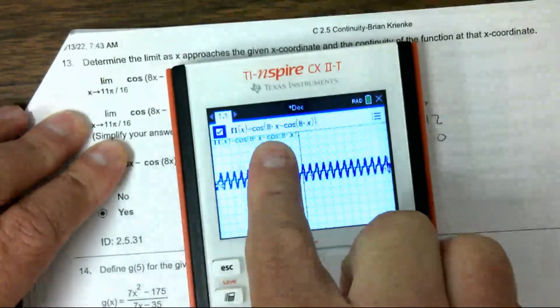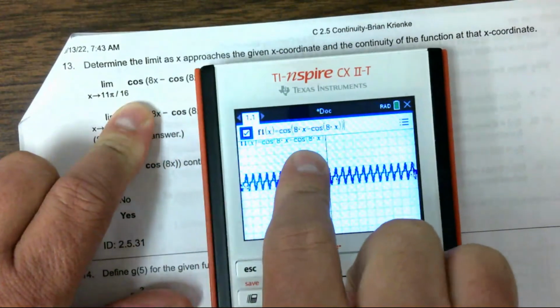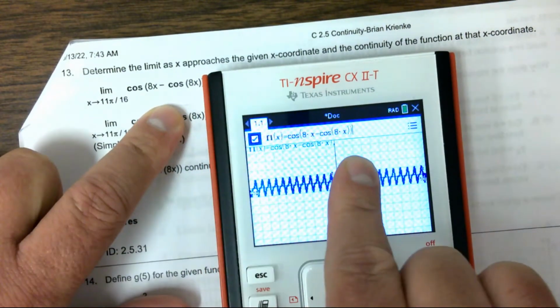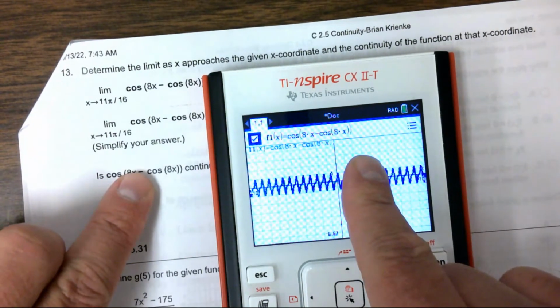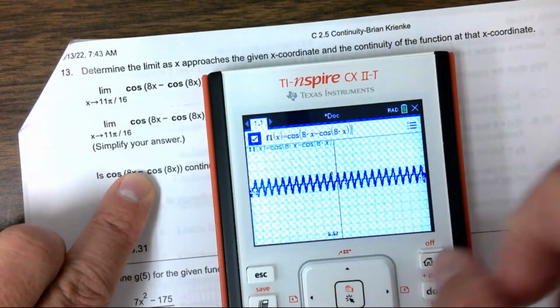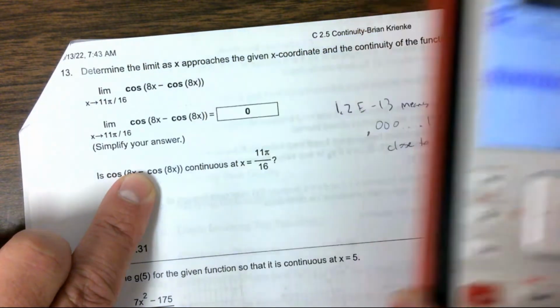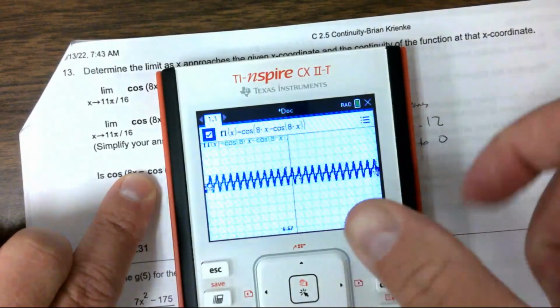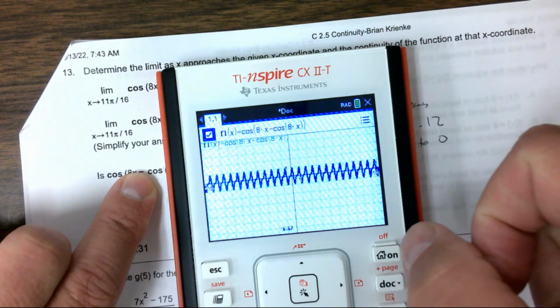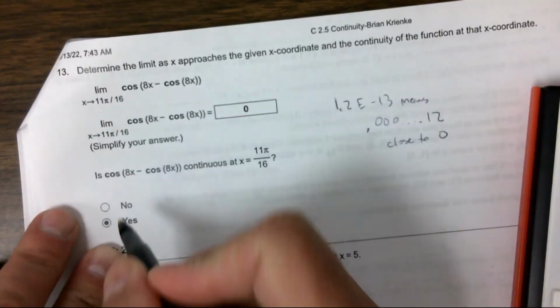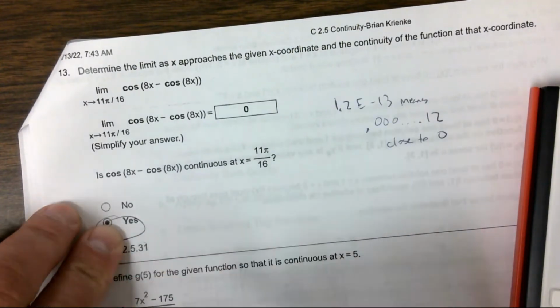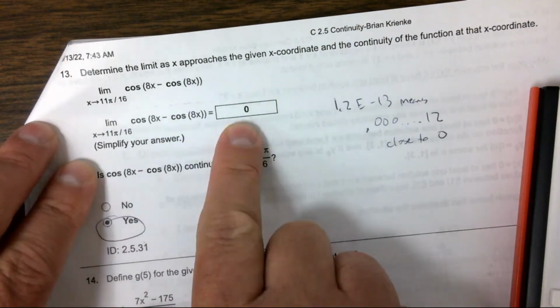Cosine 8x minus cosine 8x. Well, I can see it's continuous, which is this part. The question is, why is this 0?